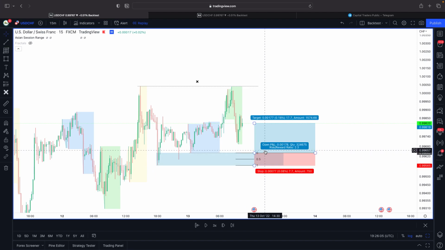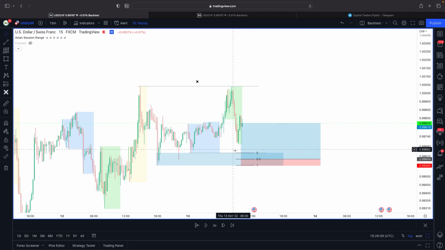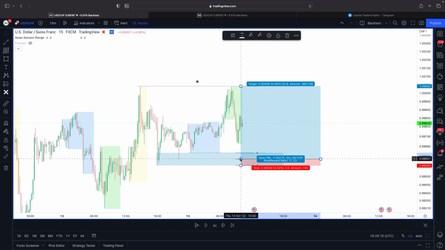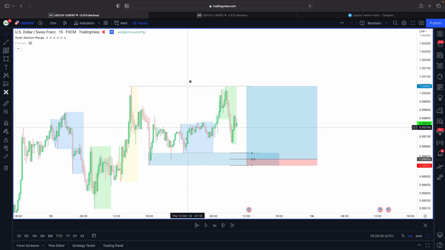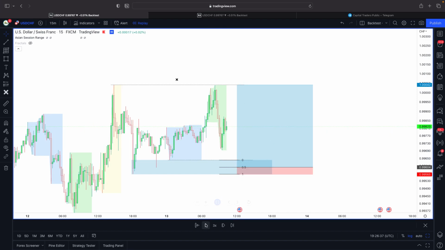I could put it at the 50% level of the OB, just to get a bit more refined, to target this liquidity point, because I know it's very probable that this zone will get hit again, and very probable that I'll get tagged in, because Asia liquidity usually gets cleared before the next move. Thirdly, London has already offered a strong push, and now we're slowly coming into New York, and New York usually offers a reversal. So let's see how price plays.